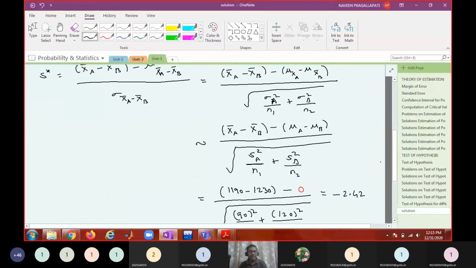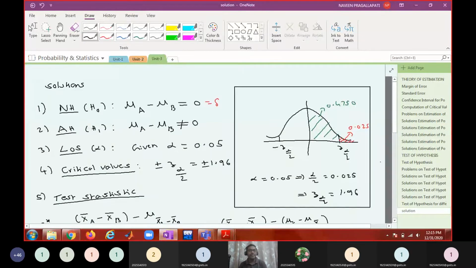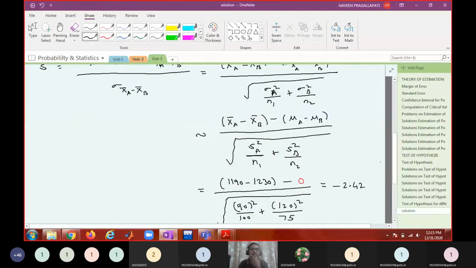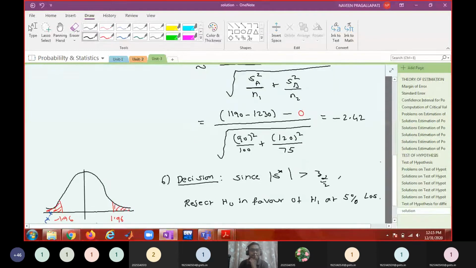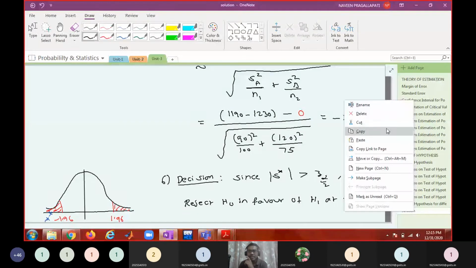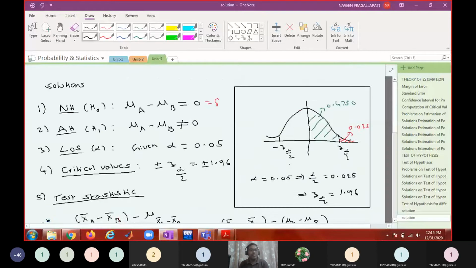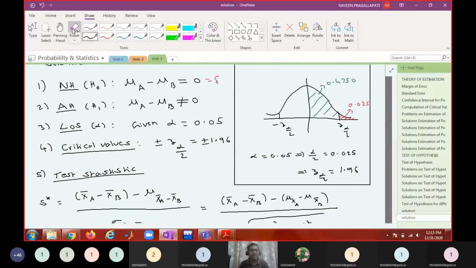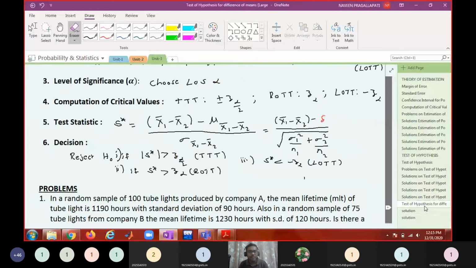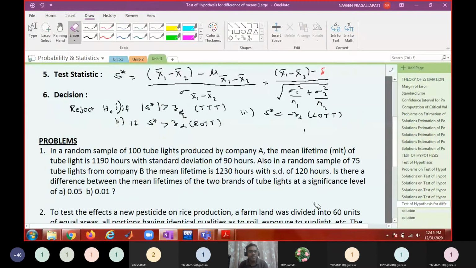Now let us see what happens if you change the level of significance. Shall I proceed? Yes, sir. Okay. Now I'm going to copy the same thing, and instead of writing again, let me change the values. Now the level of significance in the previous problem was 0.05.